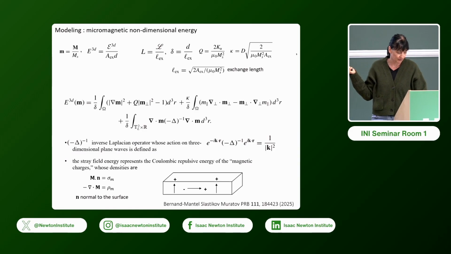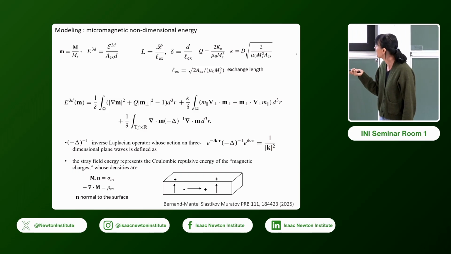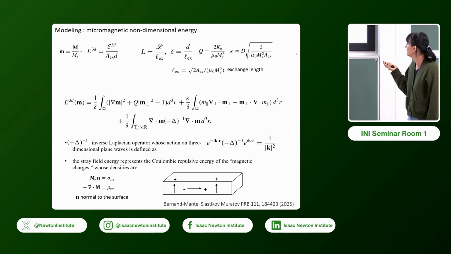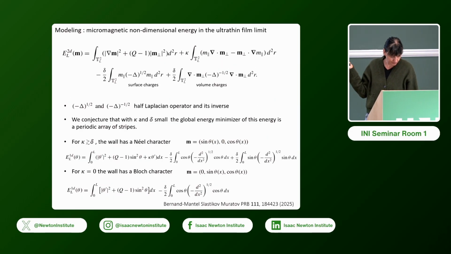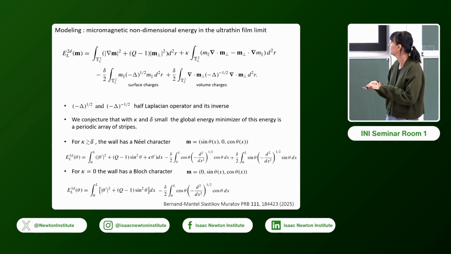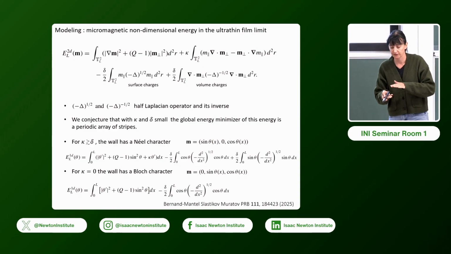So my colleagues tackled this problem. Again, we can see the same micromagnetic non-dimensional energy. And now we are working in a regime which we call the ultra-thin film regime, which means that the wall width is much smaller than the thickness.